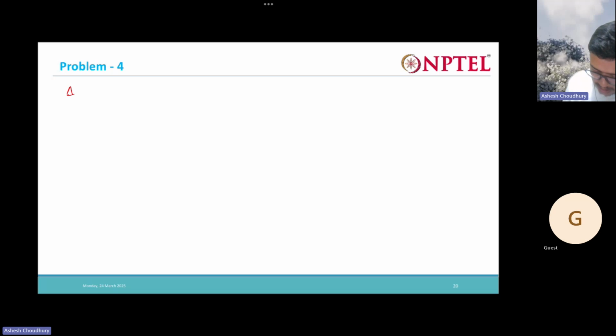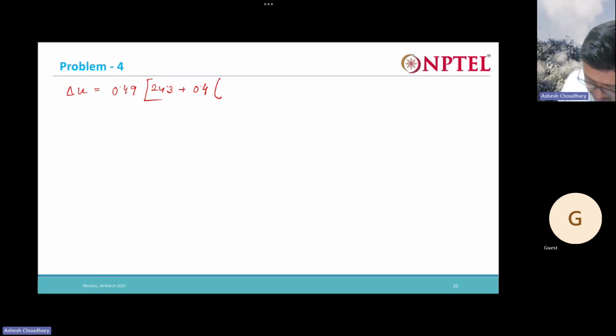Now delta U is what? B times delta sigma 3 plus A times delta sigma 1 minus delta sigma 3. B is given in the question, 0.49. So B into bracket delta sigma 3, which is 24.3, plus A, which is given as 0.4, times delta sigma 1 minus delta sigma 3.